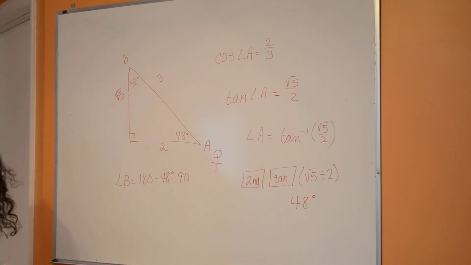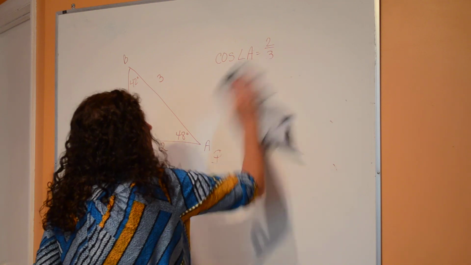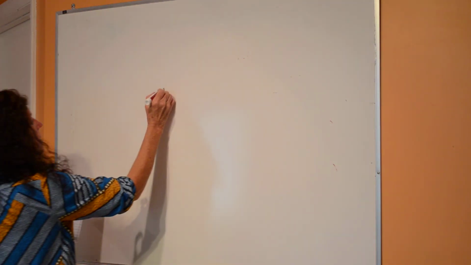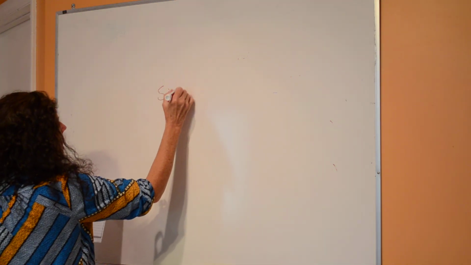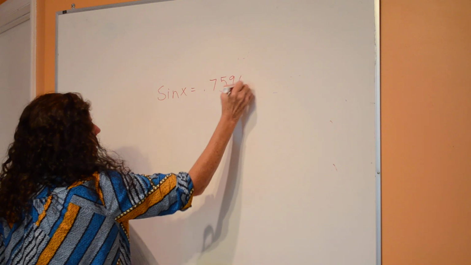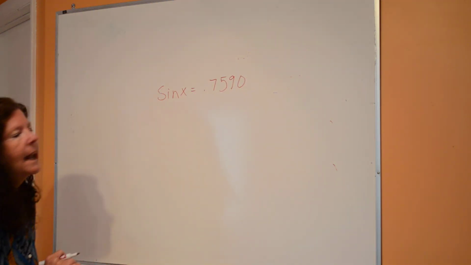Okay? Now, sometimes they don't even give you a triangle, but they give you a value. Let's say they tell you this. The sine of x is equal to 0.7590. And they're wanting you to find the x. Well, that x is an angle measurement.